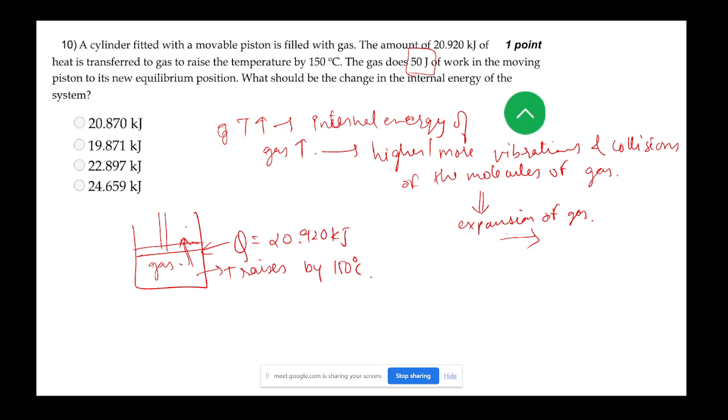In a new equilibrium, for example, the piston has been shifted. So what change in internal energy of the system is observed?